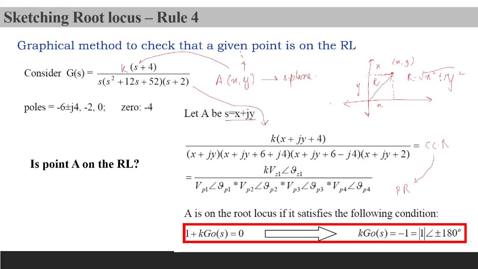For the same reason, let's say there's some angle here, so I can write theta equals tangent inverse of y upon x. When I have r and theta, I can write it as r angle theta, which is your polar representation. So this is how I convert a rectangular component, or the Cartesian coordinate plane, to polar coordinates. That's how I converted all these points into polar coordinates, and these are the magnitudes and these are the angles.